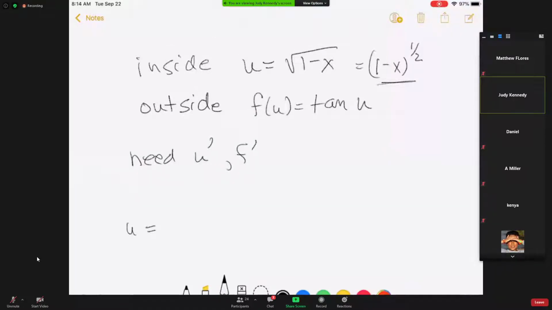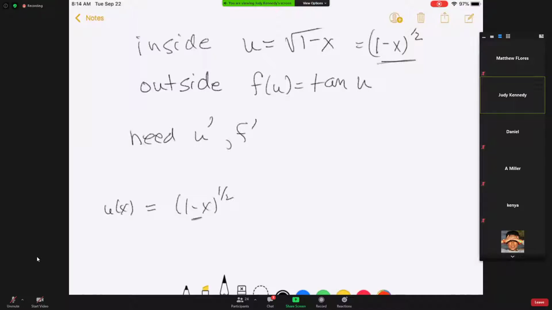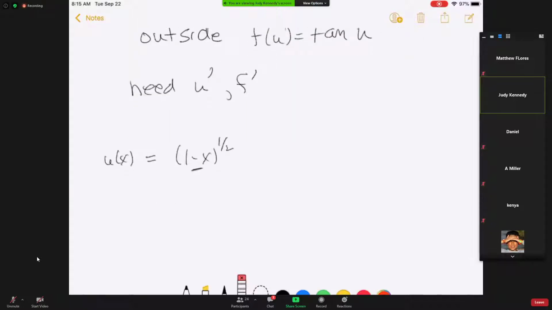u is equal to 1 minus x to the 1/2, so u of x. I've got 1 minus x on the inside, and then all of that is raised to the 1/2 power. So my inside, I don't want to use u again, I'll call it w, 1 minus x.